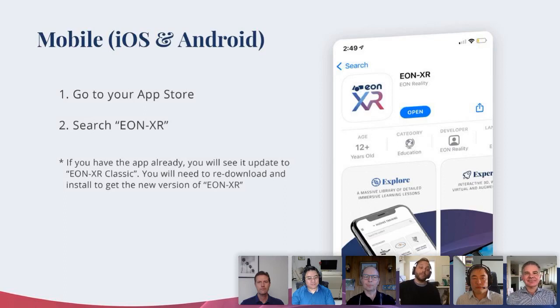If you are a previous member and already had the app installed, you will see it transition to a new name called EON-XR Classic, which is what we're calling the old version of the app as we make this transition. So if you already had the app, you'll need to go to the App Store again, search for EON-XR, and download the new version, which is simply called EON-XR.